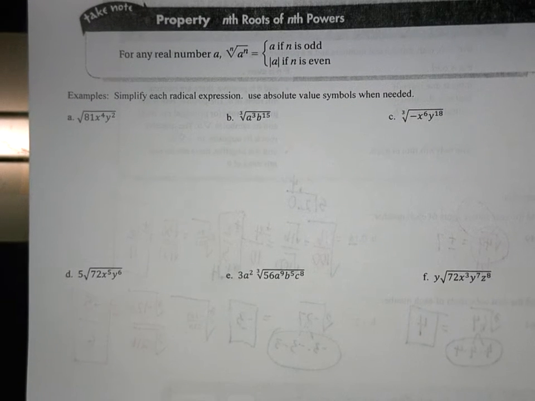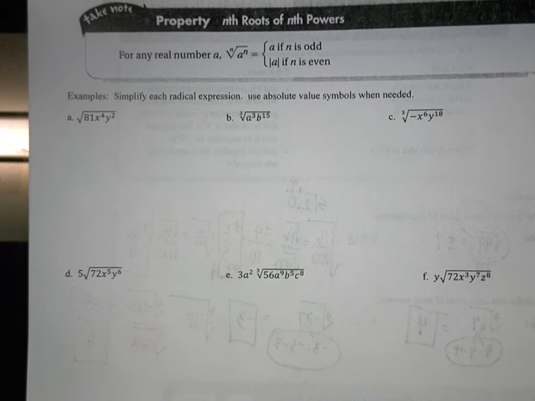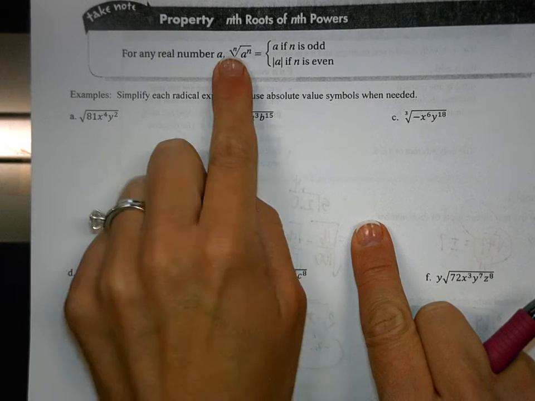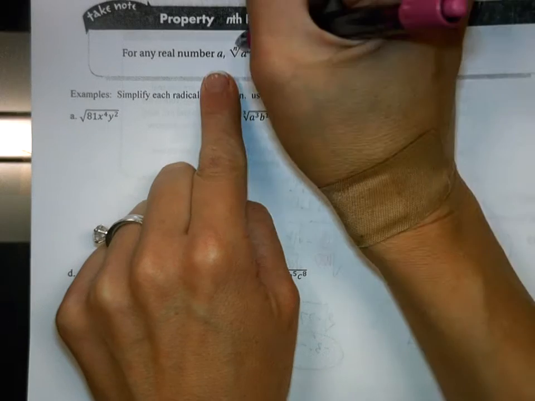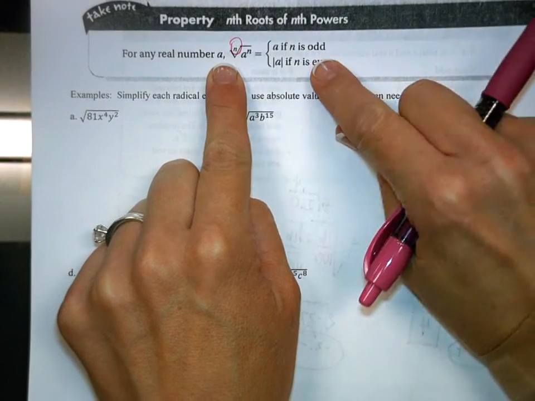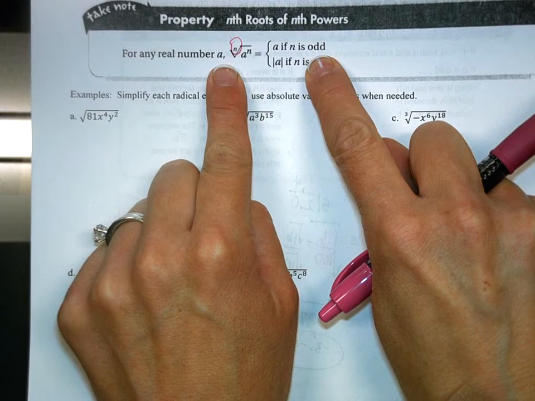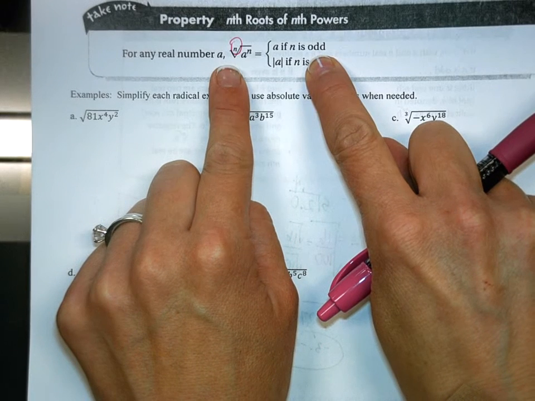Now, this is where it gets a little bit confusing, but we're going to just do our best. Okay, so when you have roots, so like right here, n, remember that if that is odd, your answer will either be a positive answer or a negative answer. It is what it is.